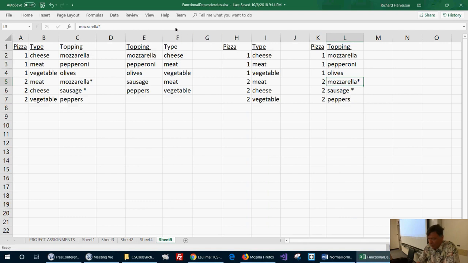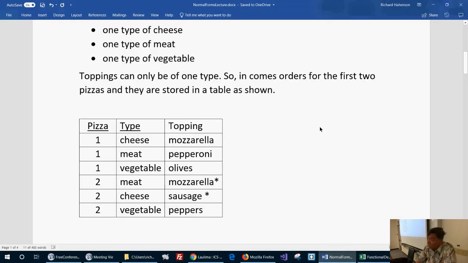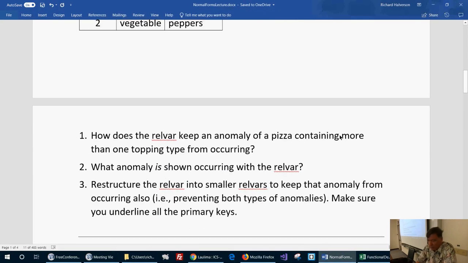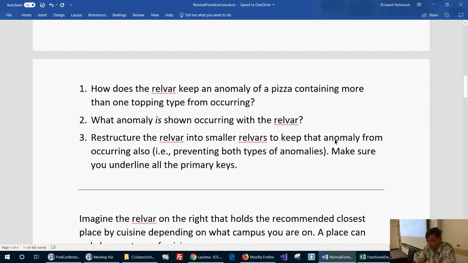It turns out that this is okay because the two mistakes canceled out each other. If it wasn't okay, then this would be wrong. There would either be two meats or two cheeses. Okay, so that's one kind of interesting example.